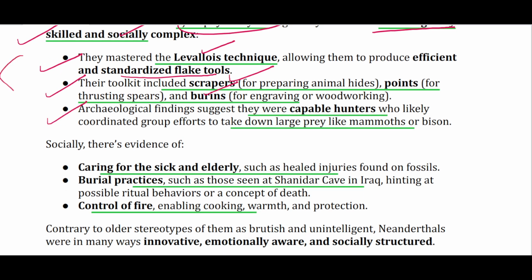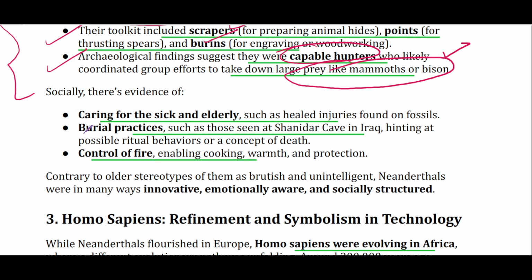And some evidence suggests that they were capable and strategic hunters who took down large prey like mammoths and bisons. And there is also evidence that they took care of the sick and elderly, such as many healed injuries. There is a lot of evidence that some people were injured, but they lived for a long time, which suggests that they might have been taken care of.